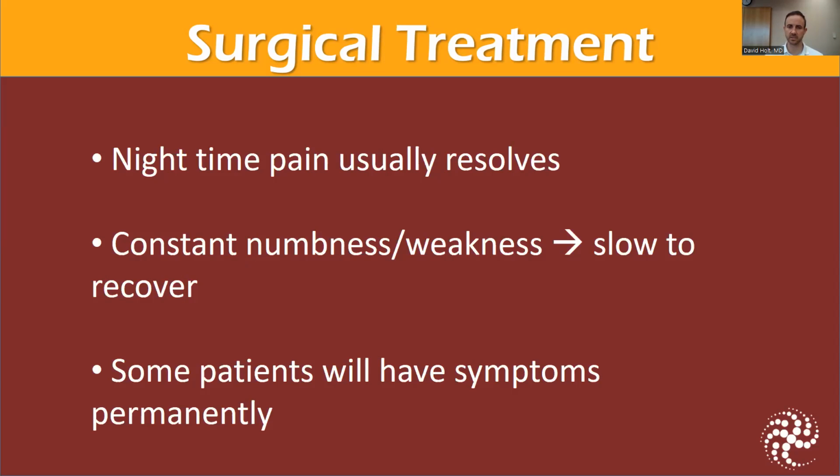Some patients, if this has been long enough, severe enough or chronic enough, will actually develop nerve damage. The main goal of surgery is to prevent that damage from getting worse, hopefully obtain some symptom relief. But there is a small subset of patients that obtain little to no actual subjective improvement. Our goal is to keep things from getting worse, but the nerve has been damaged, compressed for so long, so severely, that the nerve doesn't recover.